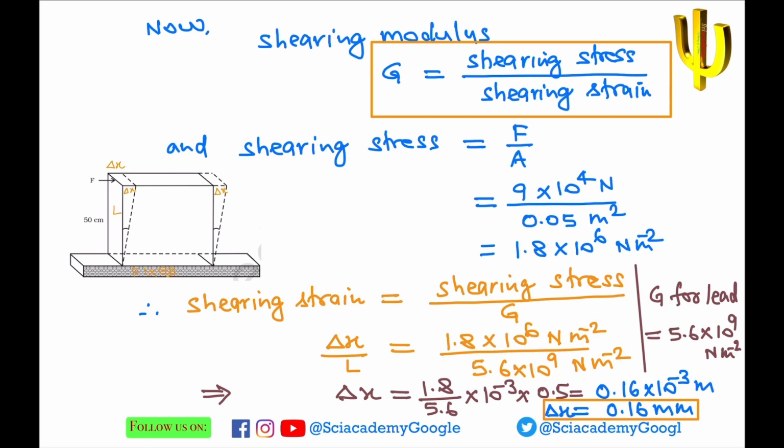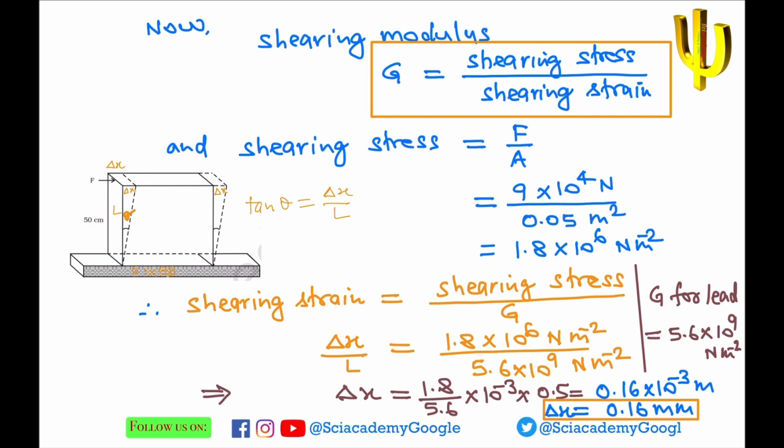Let us remind you that this is the angle theta. You know that tan theta is equal to delta x by L. So this tan theta is the shearing strain.